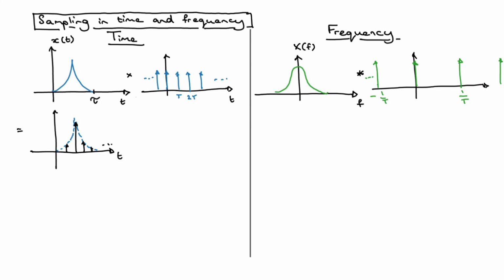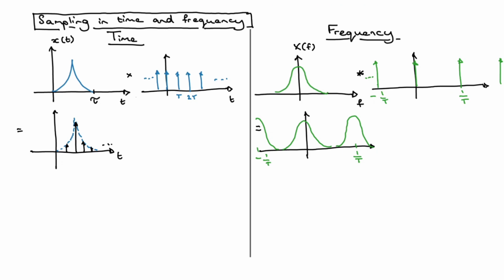So the result of that in the frequency domain is that I get a signal that looks like this. And what's happened is this thing has been copied where the impulses land. Okay, so I get this, and then at 1 over T it goes up, at 2 over T it goes up, at minus 1 over T it goes up. Okay, we've sampled in time.